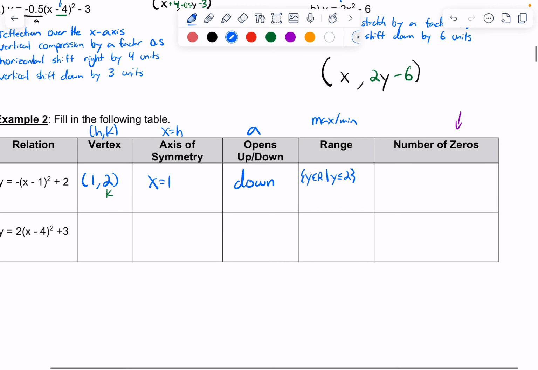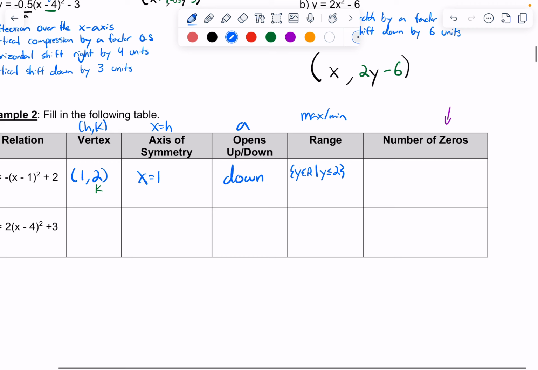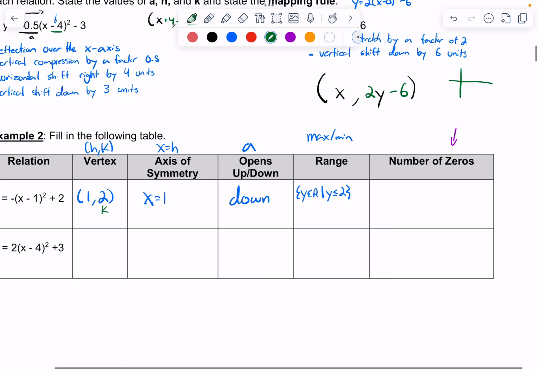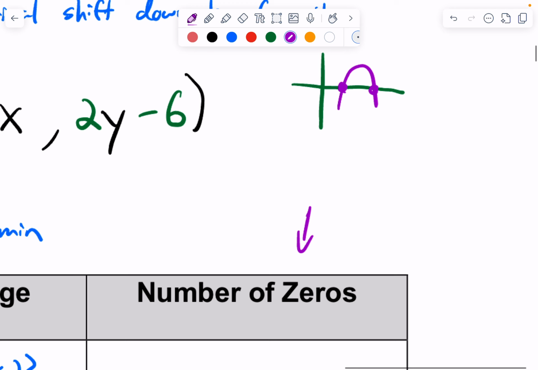Okay. The new column: number of zeros. So remember, what I'm asking you for here, let's just get a visual. I'm saying, does this quadratic, y equals -(x minus 1) squared plus 2, the equation that we're dealing with, have 2 zeros, where it intercepts the x-axis twice? Or does it have 1 zero like this?